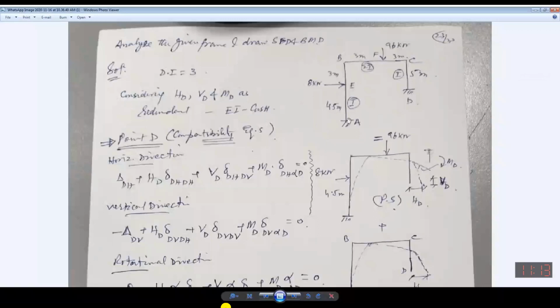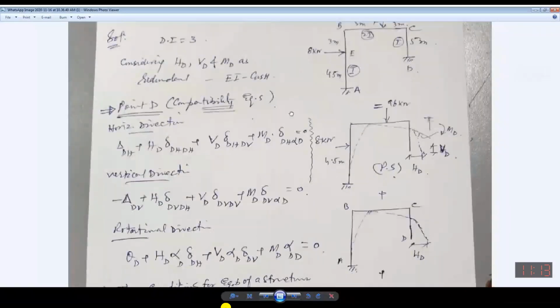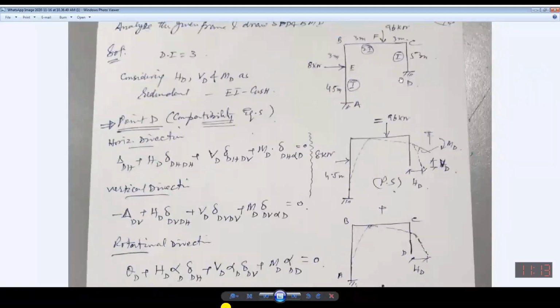Fixed supports means 3 and 3, 6 minus 3, 3 is the degree of indeterminacy. It means I need 3 compatibility equations to solve this structure. So I can do it by making this structure into different types of structures.